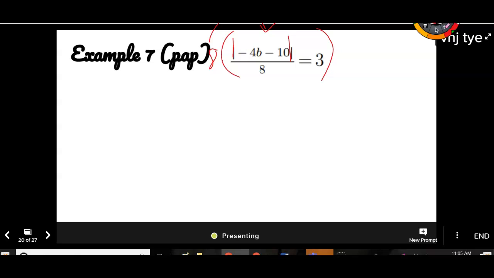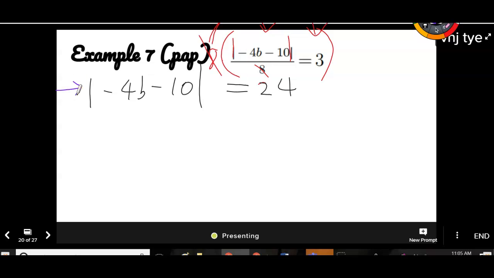So 8 times something over 8, the fraction is gone. So you have the absolute value bars left. Equal sign, and then 8 times 3 on the other side, it equals 24. So you enlarge your equation by 8. Okay? And then keep solving the absolute value equation.